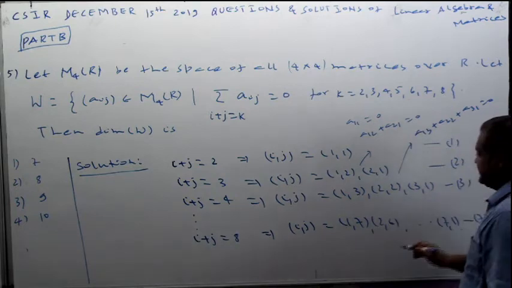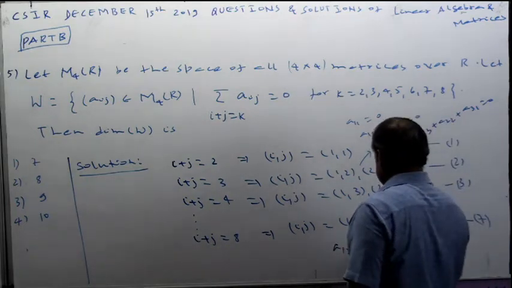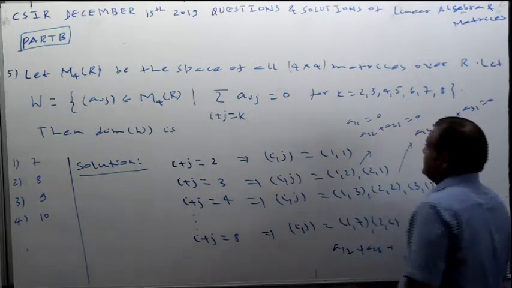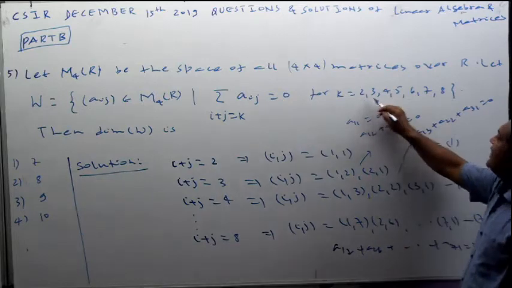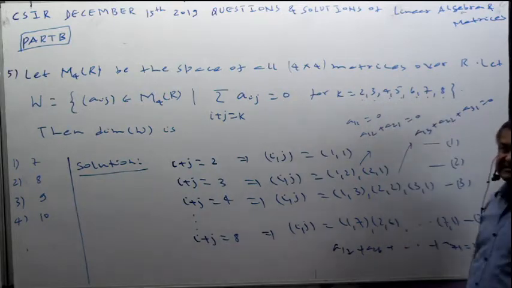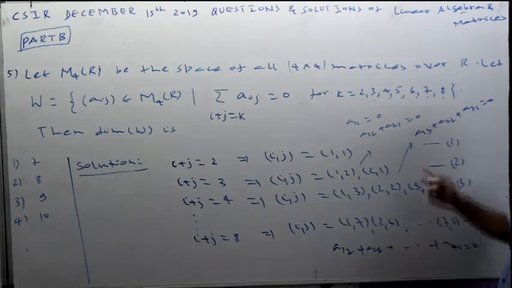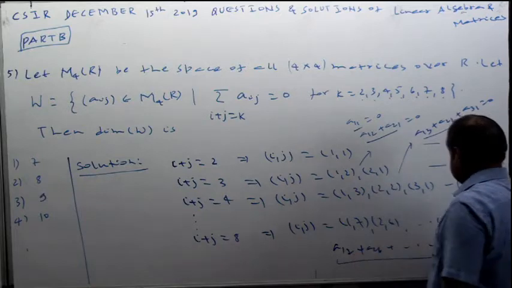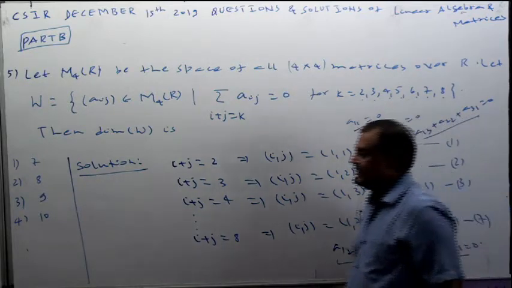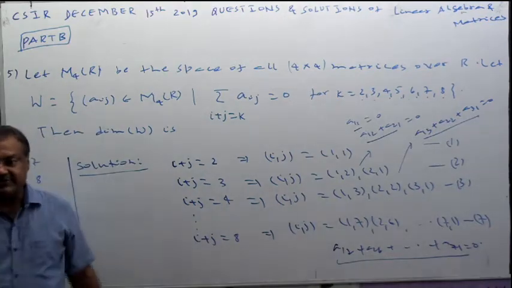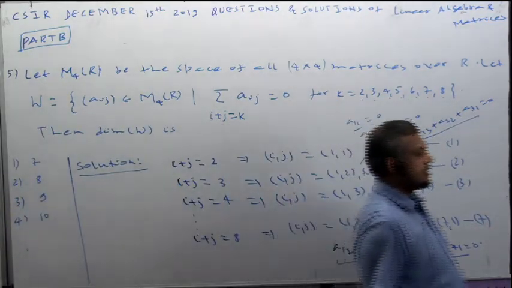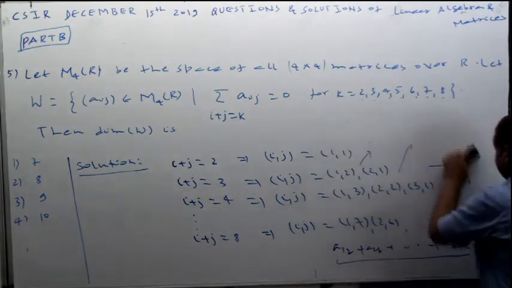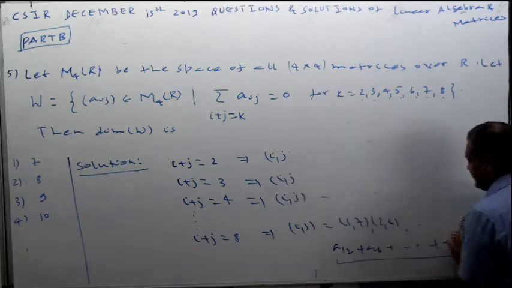Seventh equation is A17 plus A26 plus so on, A71 equals to 0. Here also you can count 1, 2, 3, 4, 5, 6, 7 cases. Fine. But how to show independent? That's why I have written that, see, each time new variables are appearing, new places are appearing. So they are independent equations. Are you happy? So give me a space after you have understood this, because I will write a very simple thing now.